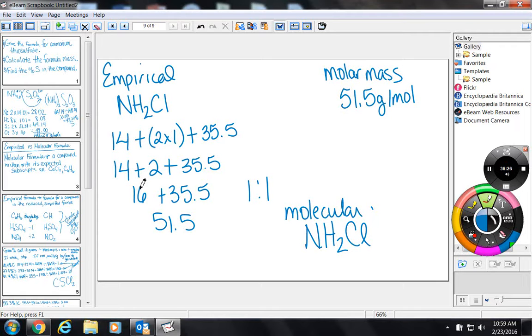All right. So those are the 3 ways that they can do empirical and molecular formula. It's not horrible. If you were to look at your choice board, it says that for the 85, you have to do the worksheet that's uploaded online.